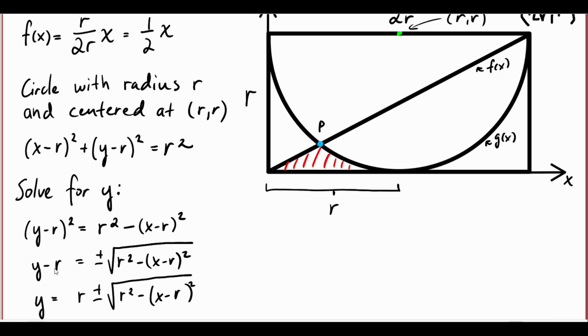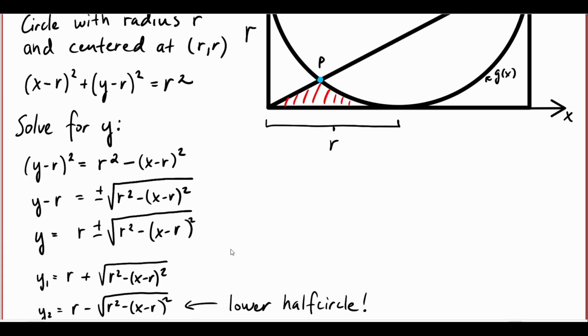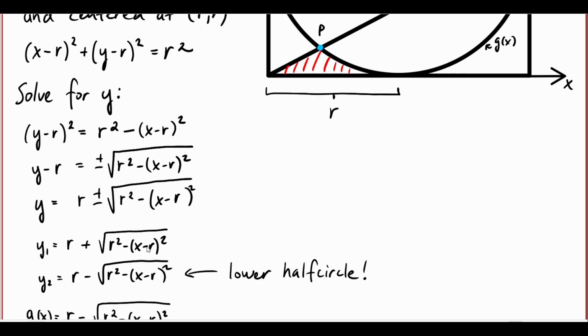So y minus r equals plus minus square root of r squared minus (x minus r) squared. And then we just move minus r to the other side, and then we get this expression here. And we can see that we have two solutions. We have this solution here and the other one with a negative root. So plus and minus here.